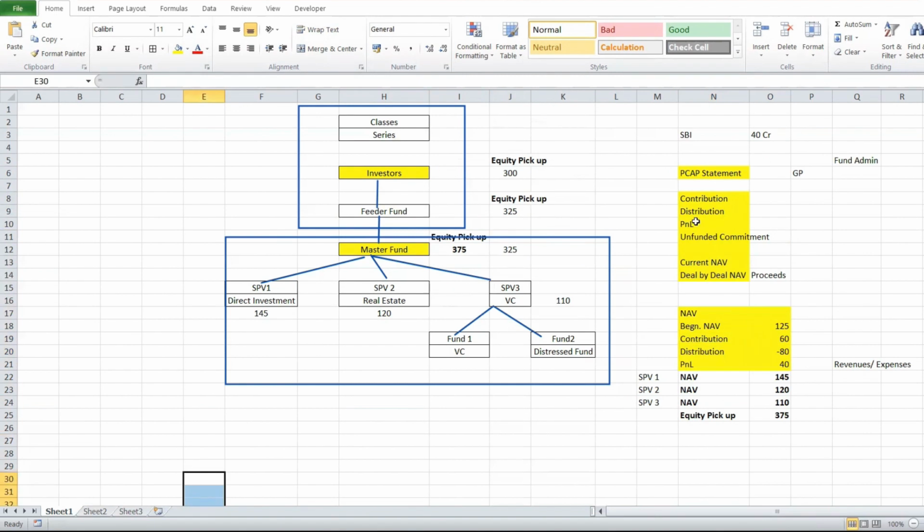So understand the concept. These are the information you will find in a PCAP, and this is how we have to calculate the NAV. Asset minus liability, that is also called NAV. So you understood this concept? Is there anything you want to ask?